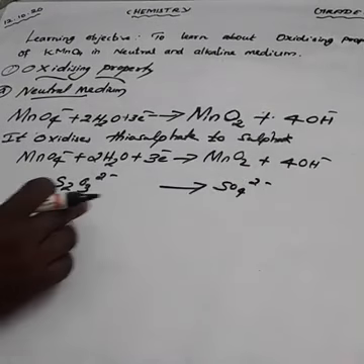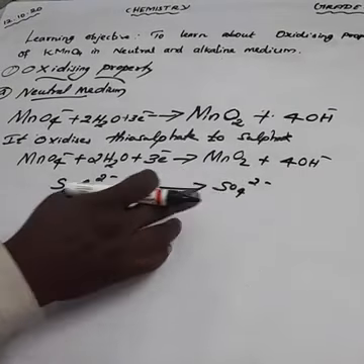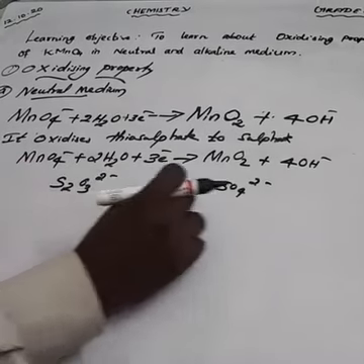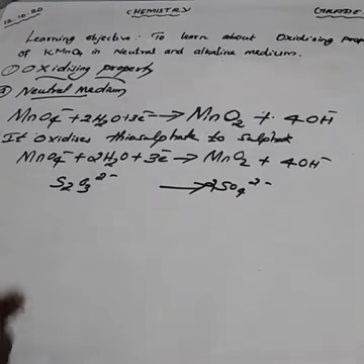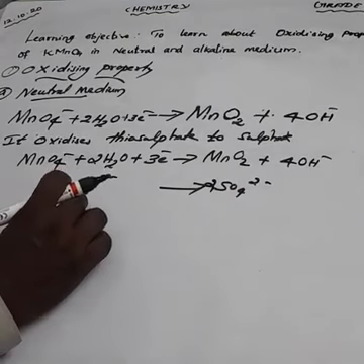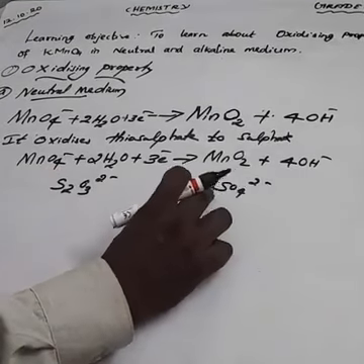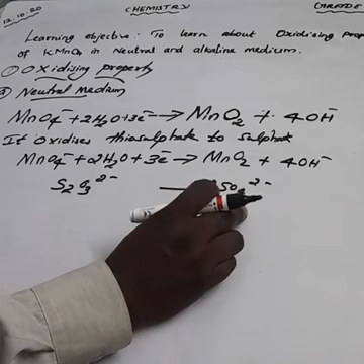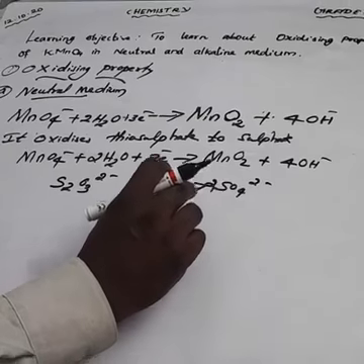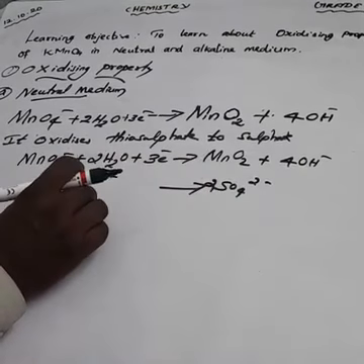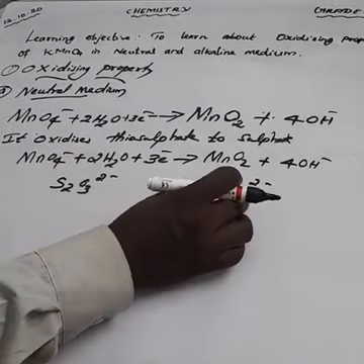Here first you should balance the element, that is sulfur: here having 2, here having only 1. So make it 2 here. Next, oxygen: here having 3, here having 2 into 4 is equal to 8.